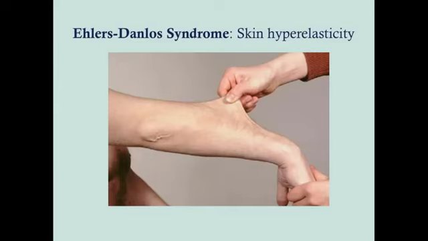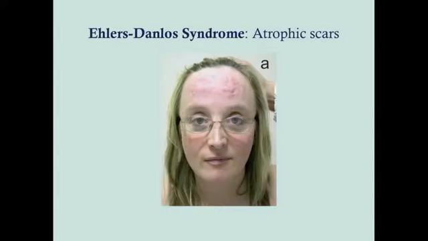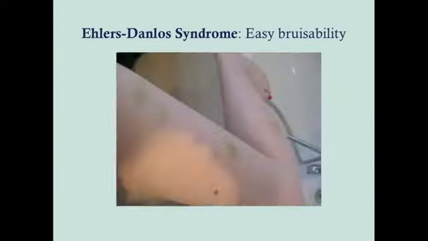Okay, so here, if you were to pull this skin away, in cutis laxa, the skin would just hang. But in EDS, you pull this skin away and it's going to snap right back into normal position. So it's hyperelastic skin, but it will retain its elasticity when it's released. So it's not lax skin, it's just hyperelastic.